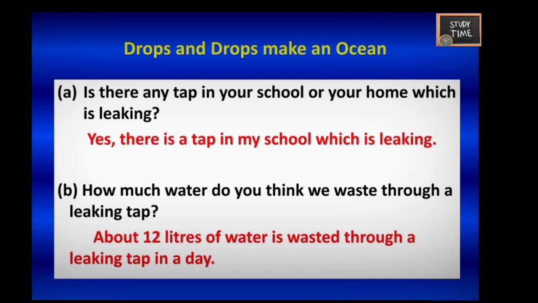Next, drops make an ocean. Is there any tap in your school or home which is leaking? So you can write whether you saw any tap leaking. So yes or no you have to write. How much water do you think we waste through a leaking tap? So you can write a guess.